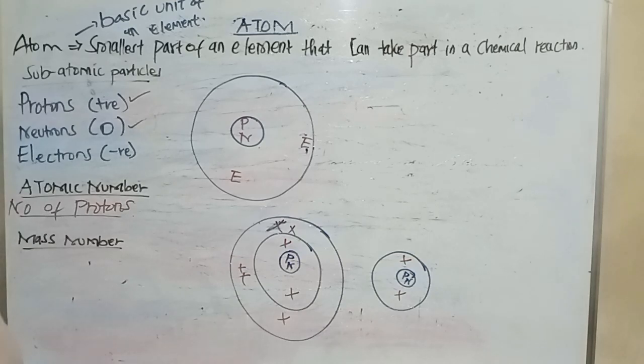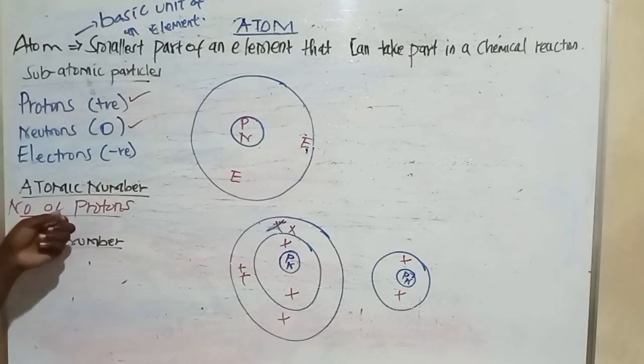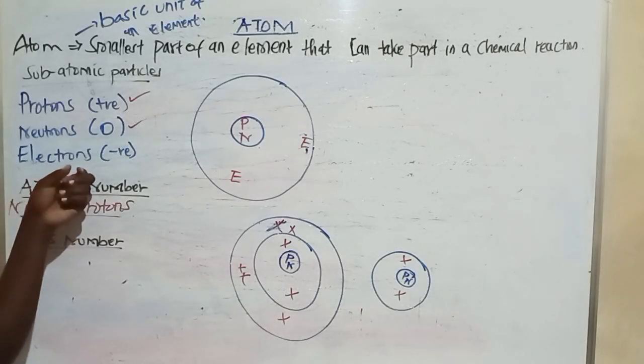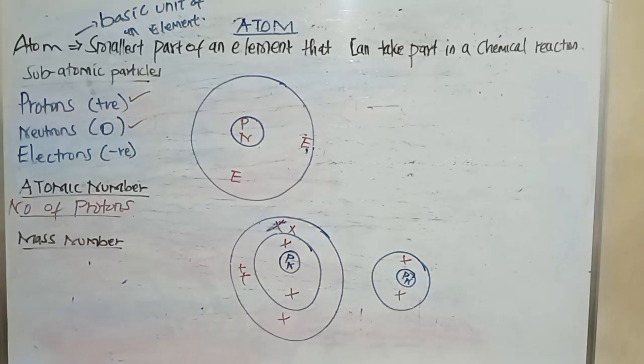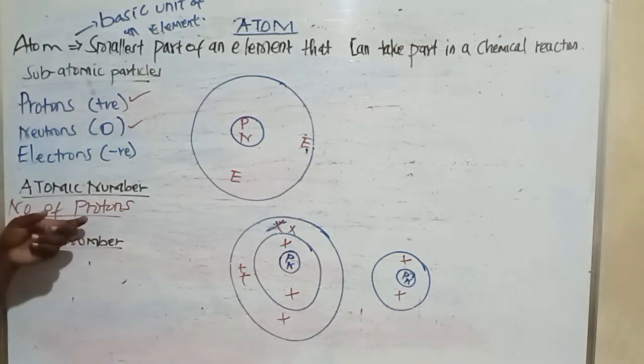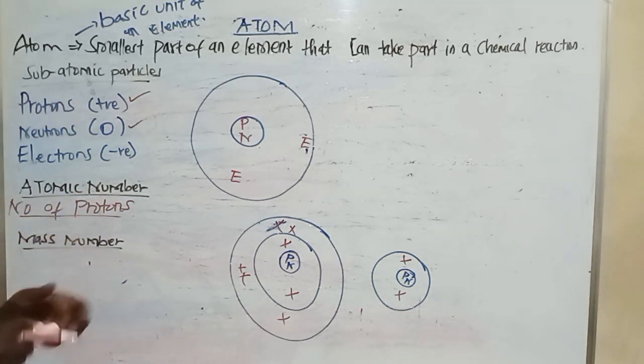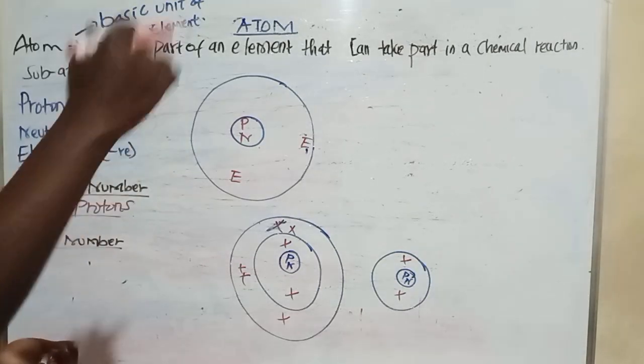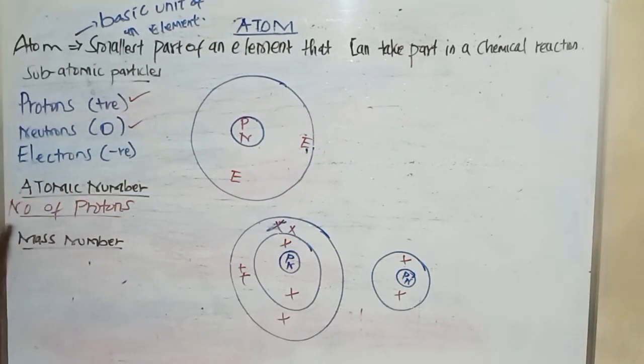For example, we can talk about something that I like, which is chlorine. Chlorine has atomic number 17. So you'll be able to identify the position of chlorine, meaning that it's going to be in group 7 in the periodic table.